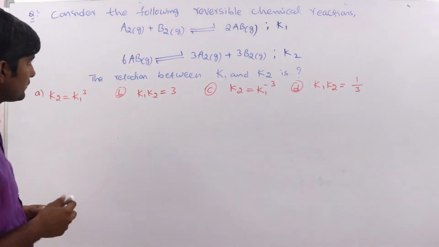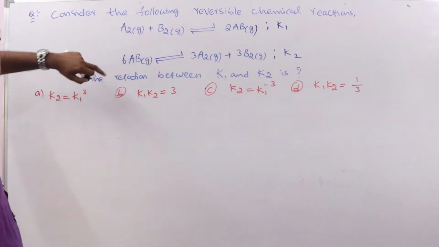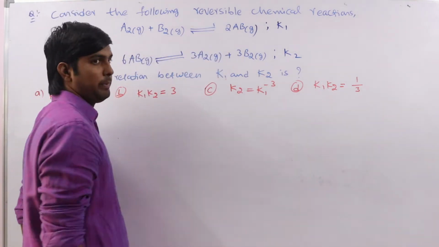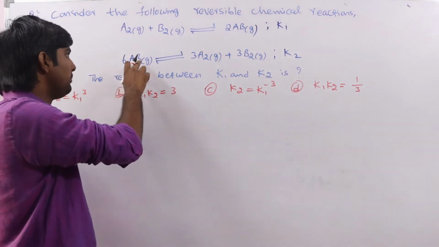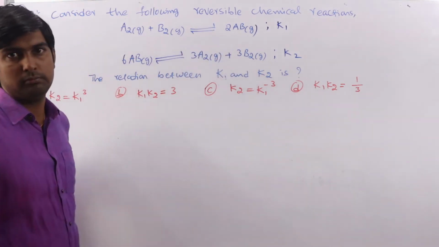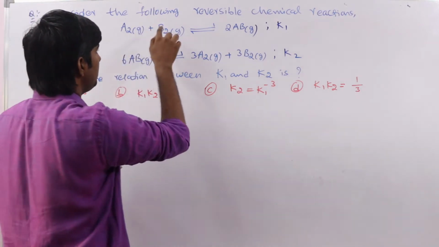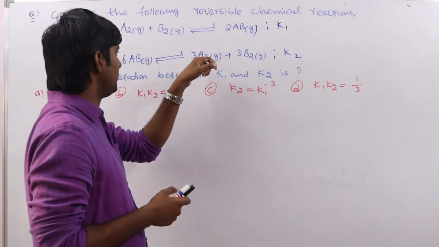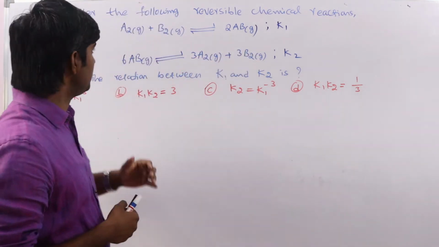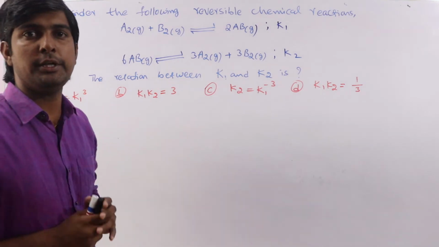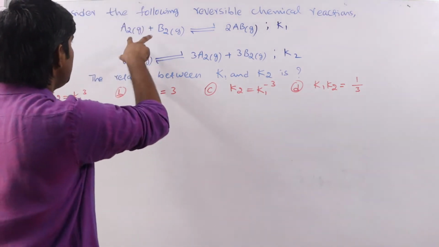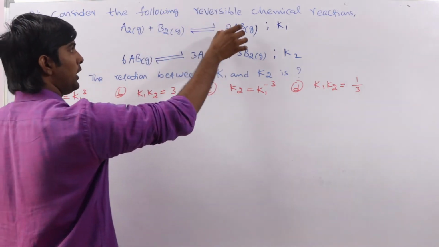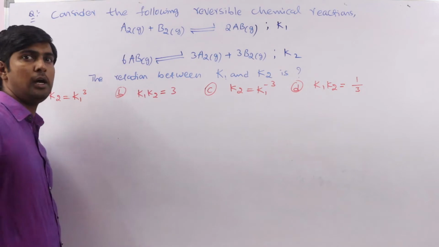If you observe these two reactions closely, in the first, A2 plus B2 gives AB, and in the second, AB gives A2 plus B2. So in both reactions the same species are involved. The reactants in the first reaction are the products in the second, and the product in the first reaction is the reactant in the second.